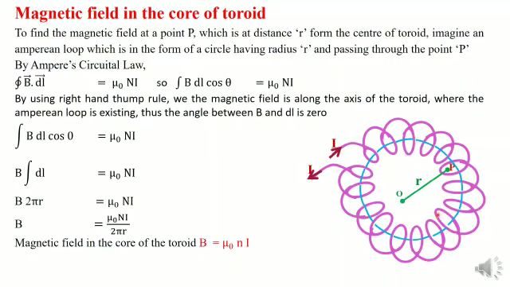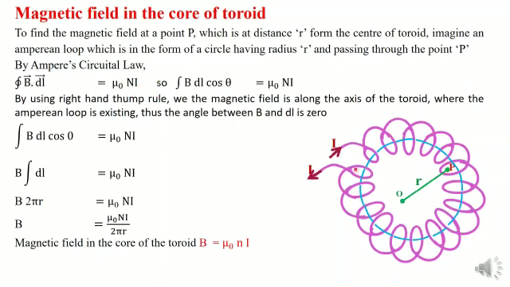To find the magnetic field at a point P which is at a distance r from the center of a toroid, imagine an Amperian loop in the form of a circle having radius r and passing through the point P. Now we can use Ampere's circuital law, which is closed integral B dot dl equals mu 0 times the total current enclosed in the Amperian loop.